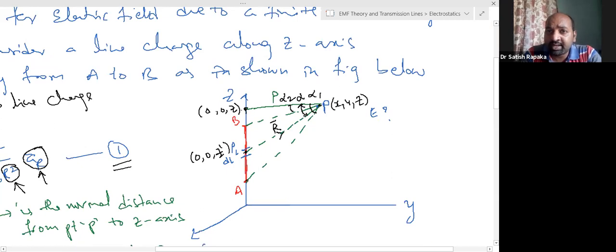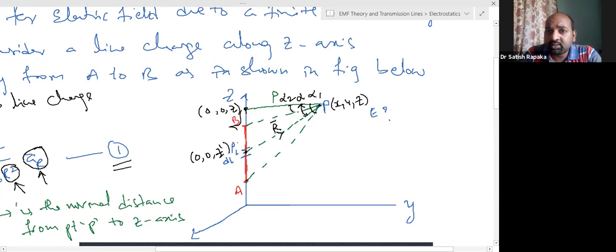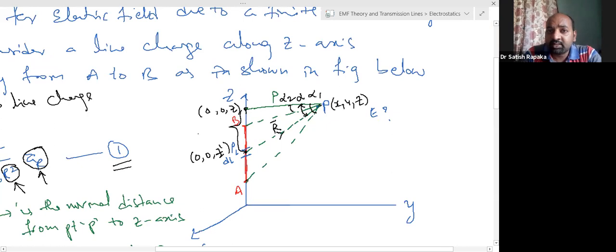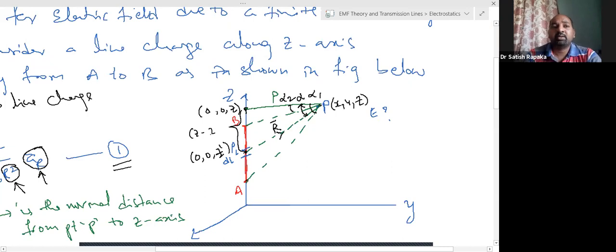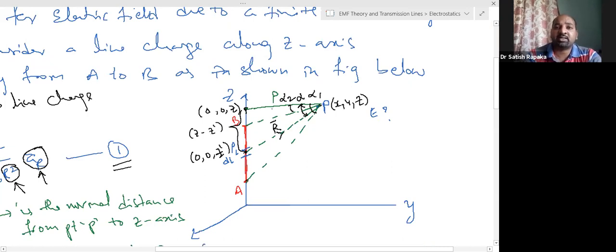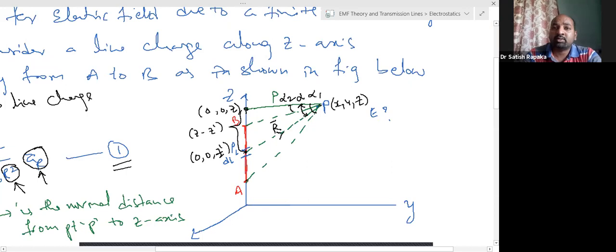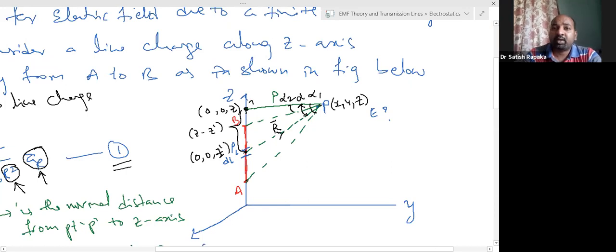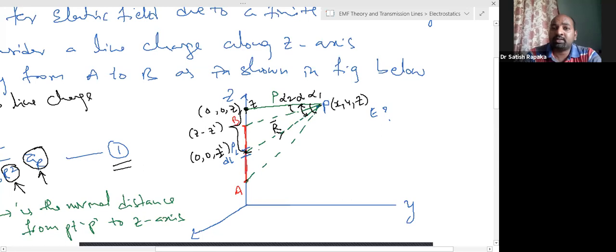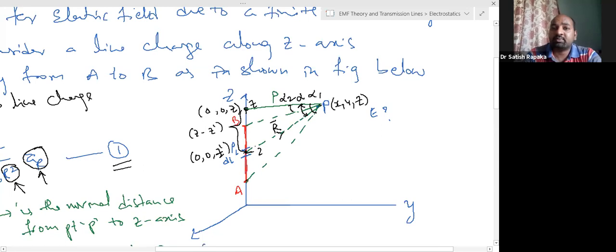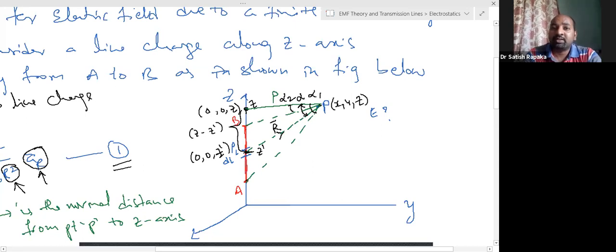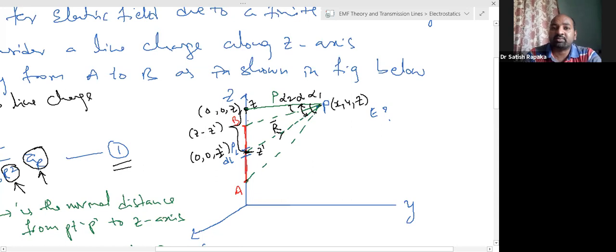So what is this length? This length is z minus z dash, because this point is z and this point is z dash.